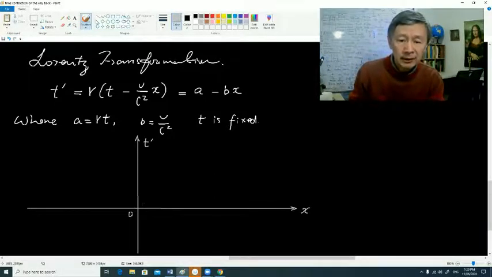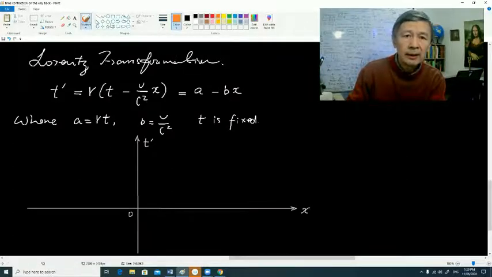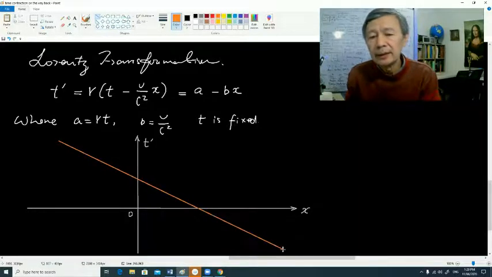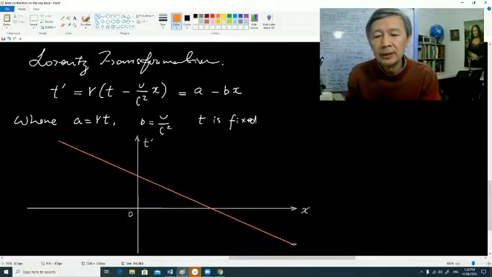This is the origin. If we plot this, we can see it is just a straight line with a negative gradient. So we can simply draw a straight line here.